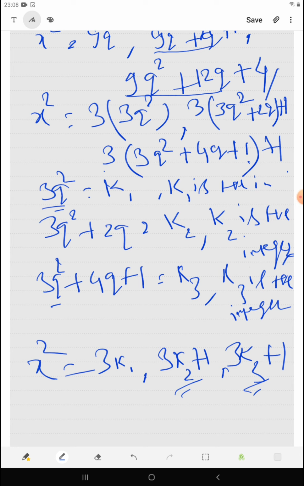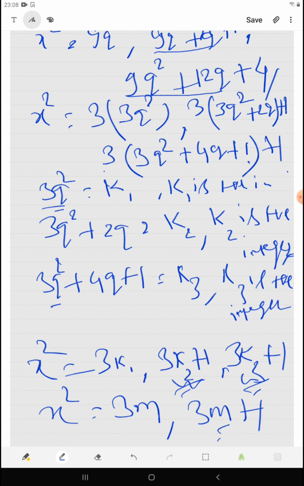Why did I take k2 and k3? I am not talking about the exact value, but k2 and k3 are also positive integers, and it is of the form 3 into some positive integer plus 1.